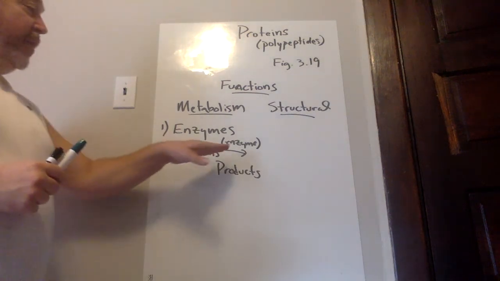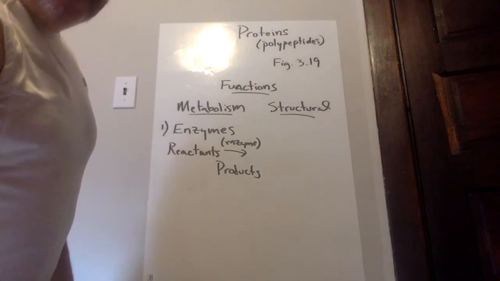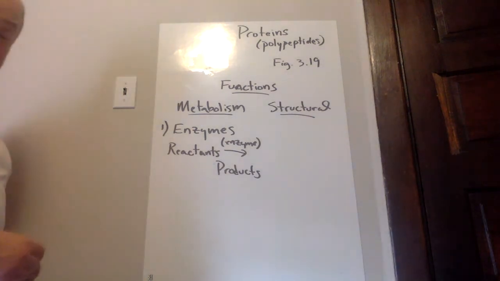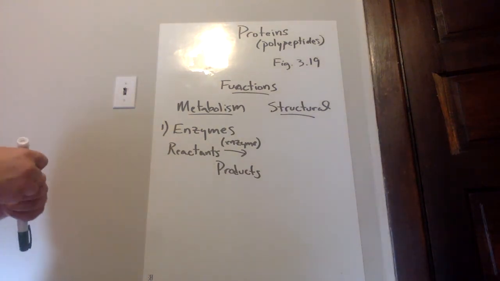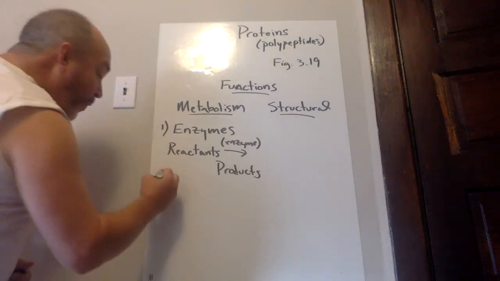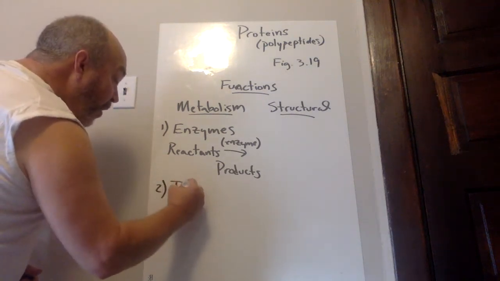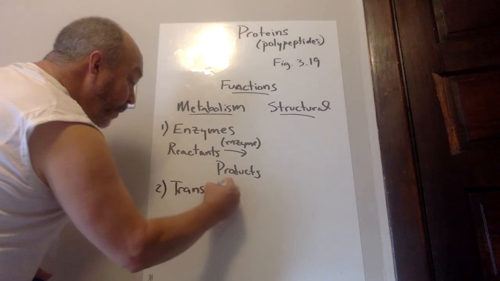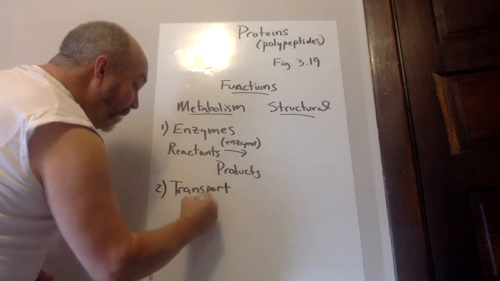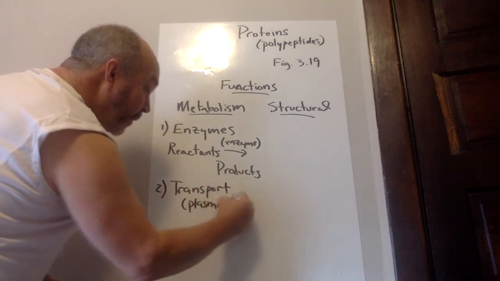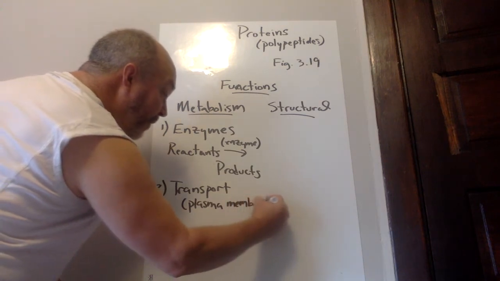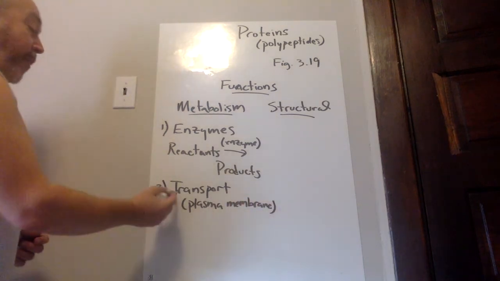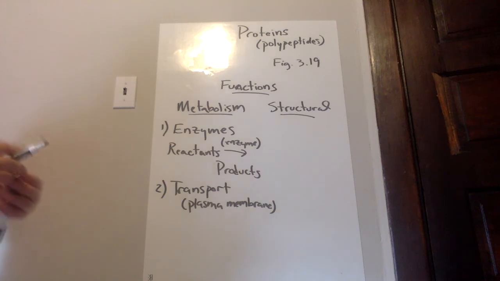But right now, just know that an enzyme is another molecule, a protein molecule, that will facilitate our chemical reactions. They can also be used for transport. Remember, in the plasma membrane, the membrane was mostly composed of phospholipids, but there are proteins in that plasma membrane that also allow things to come into and out of the cell.